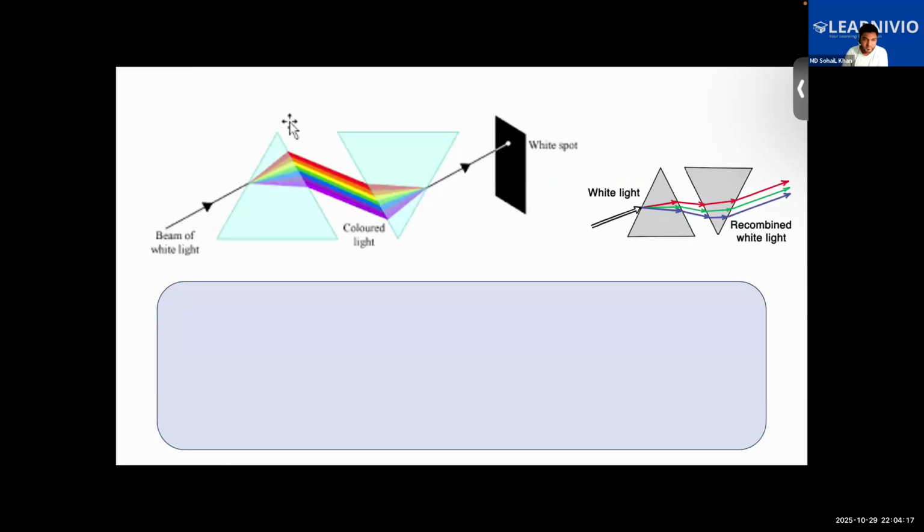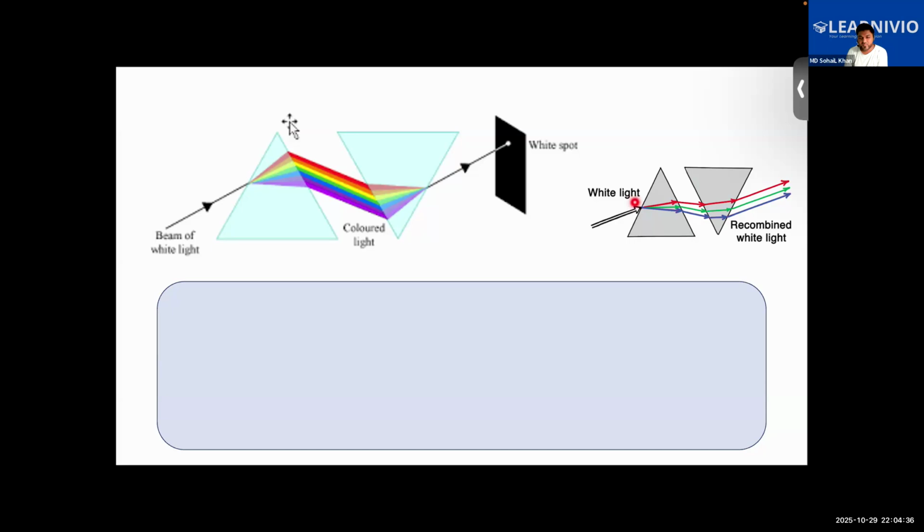Further, another experiment was done where the beam of white light passed through the glass prism, and this spectrum of light was made to re-enter another glass prism. This prism was placed in an inverted position, upside down. When the spectrum re-entered the prism, a beam of white light emerged from it.